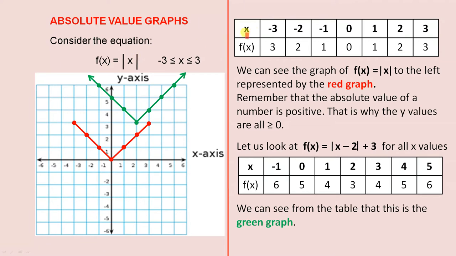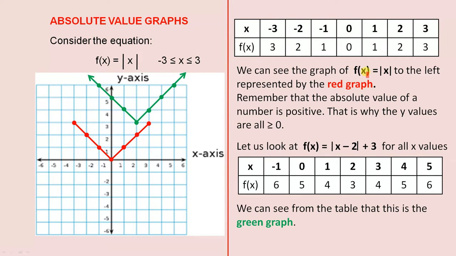For example, when x equals minus 3, the absolute value of minus 3 is 3. When x equals minus 2, the absolute value of minus 2 is 2, and so on, and that gives us 7 points. We plot those 7 points onto the graph.